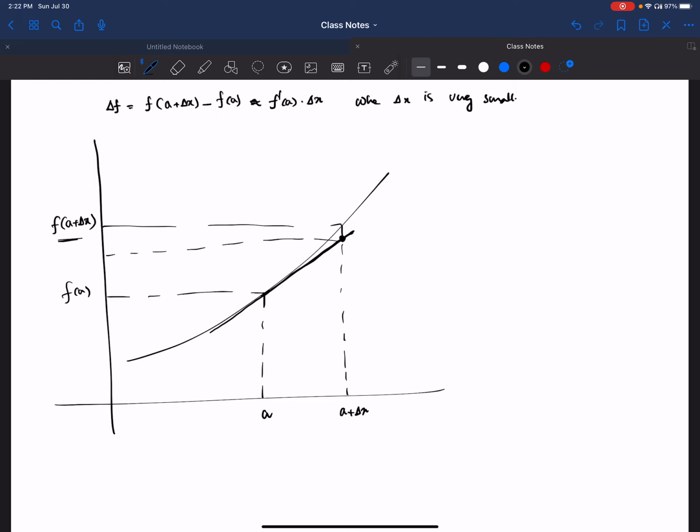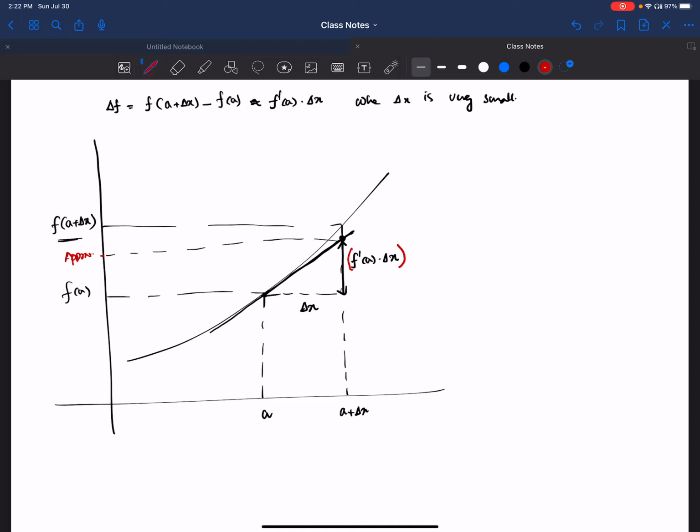This is delta x. This is f prime of a times delta x. So that's the one that we actually find as the change. This is the approximated value. That's how it is graphically shown.